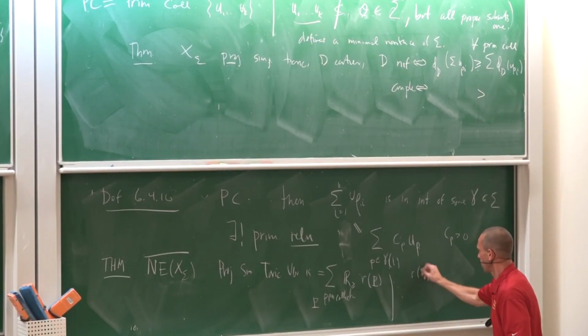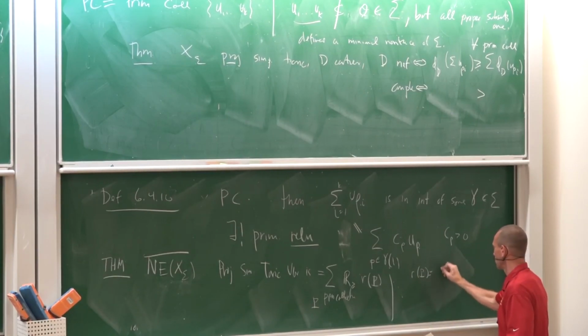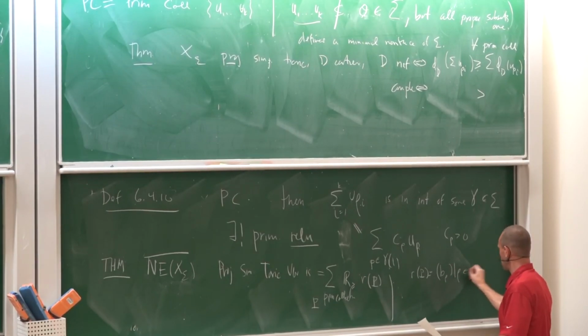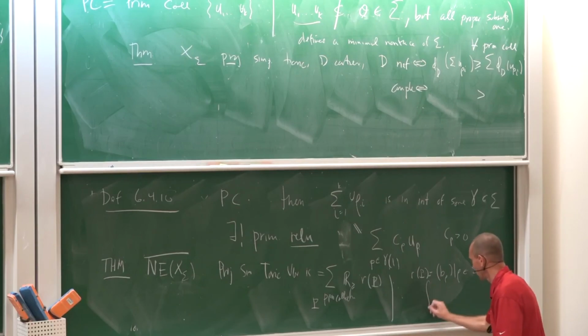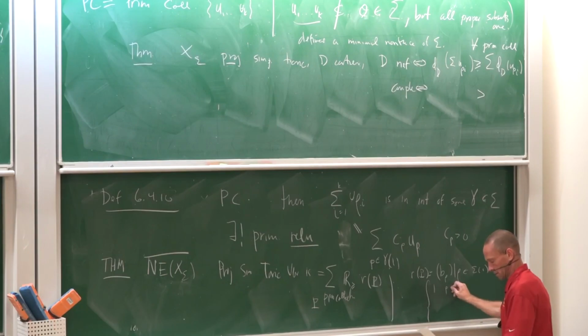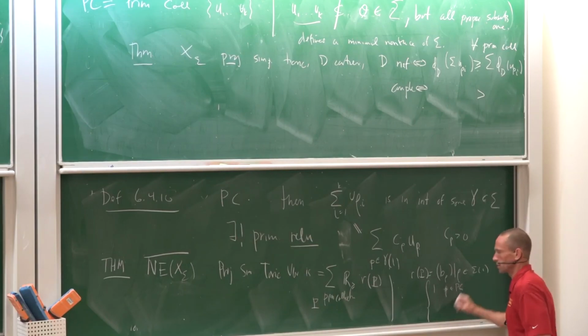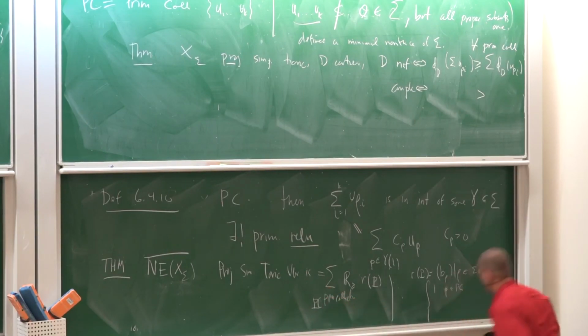R(P) is equal to a vector of betas, indexed by rho and sigma(1), which is defined as follows. It's 1 if rho is in P, in my primitive collection, and not in gamma(1).